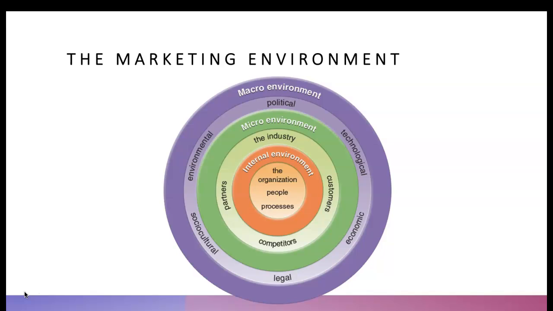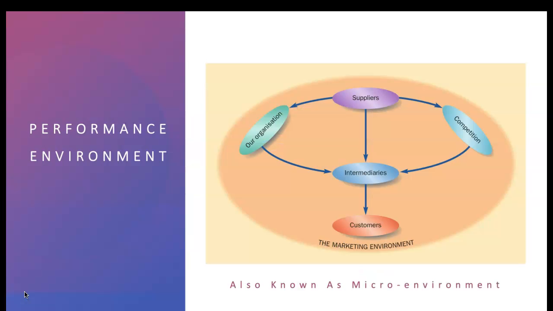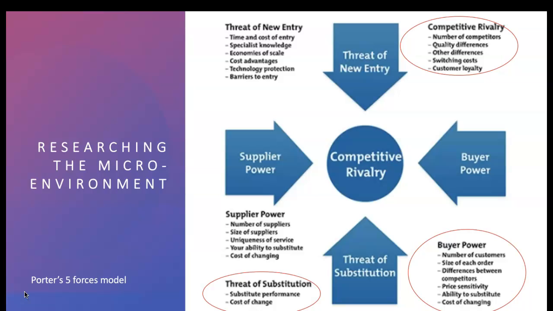So the PESTLE is a really good framework for looking at that macro environment and understanding what factors there are. In terms of the performance environment, where we have our competitors, our buyers, our suppliers, perhaps intermediaries, we have another tool that we can use. And this tool, or marketing framework, is called Porter's 5 Forces. A chap called Michael Porter back in 1979 came up with this model, and it's been very widely used.